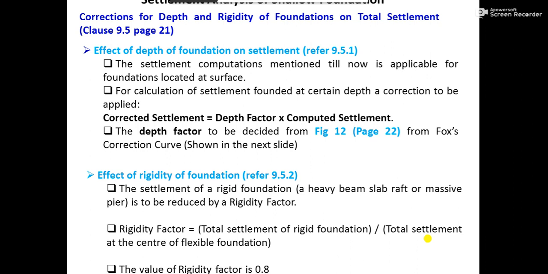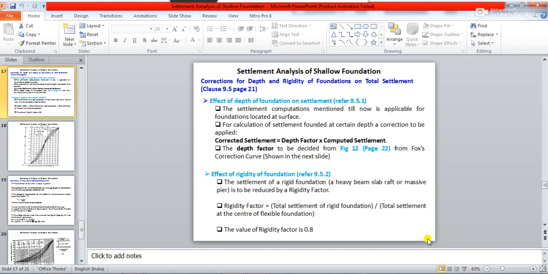So is this clear to everyone? So whatever settlement value you get at the initial stage using that formula, you must apply first the depth correction factor. And how do you get the depth correction factor? You use Fox's depth correction chart, and to that corrected settlement value you apply, if the footing is a rigid footing, only in that case you should apply rigidity factor.